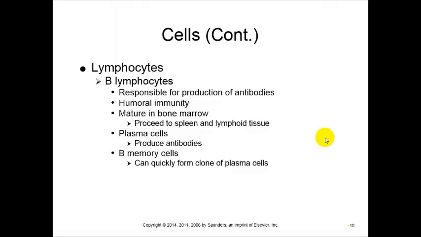And afterwards, some of them may become B memory cells, which can actually clone, and they clone each other if they're exposed to the antigen again. So if it gets exposed to the antigen a second time later, the B memory cells can rapidly divide and produce a slew of antibodies to knock it out and prevent a severe infection.